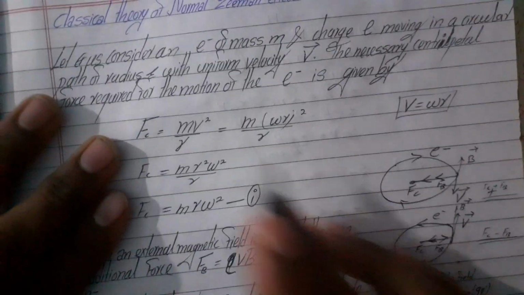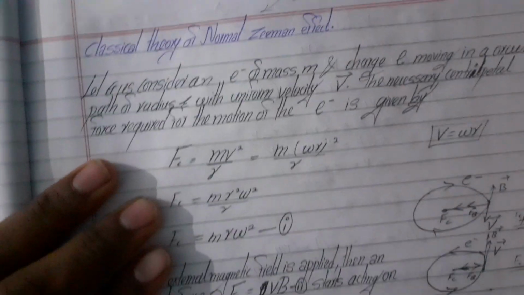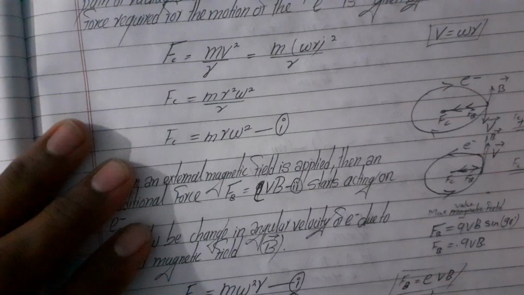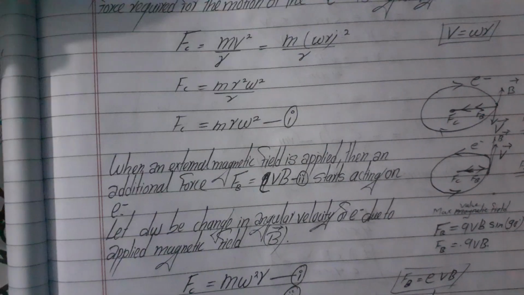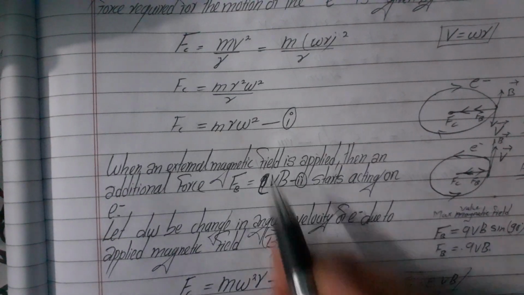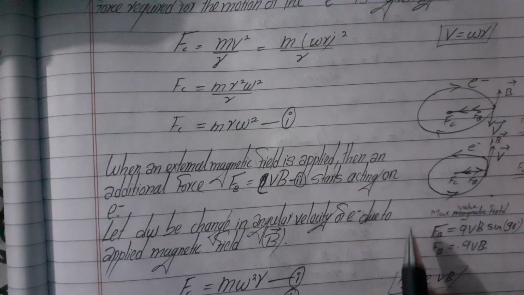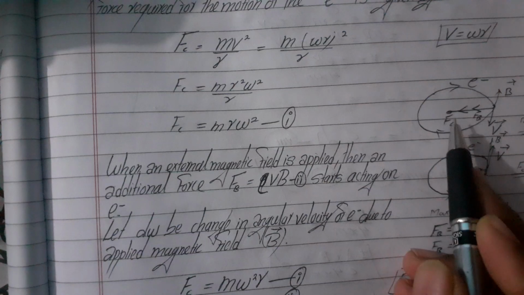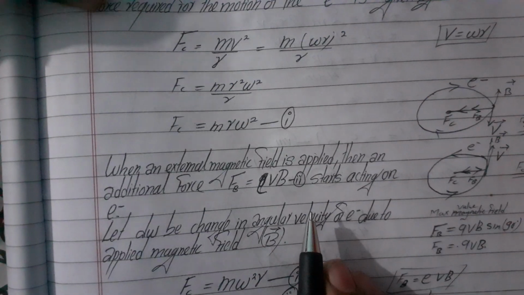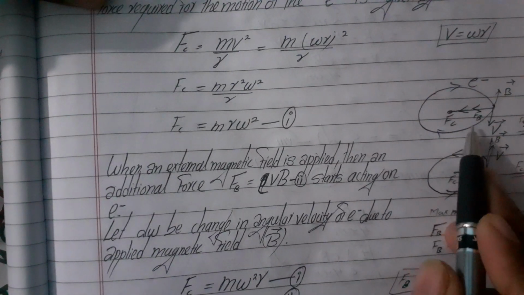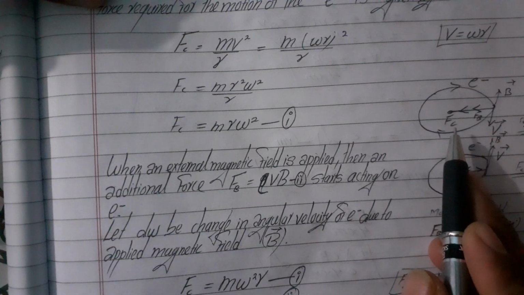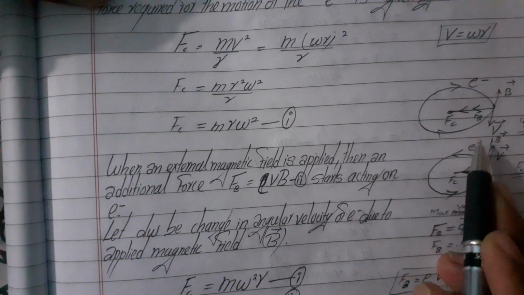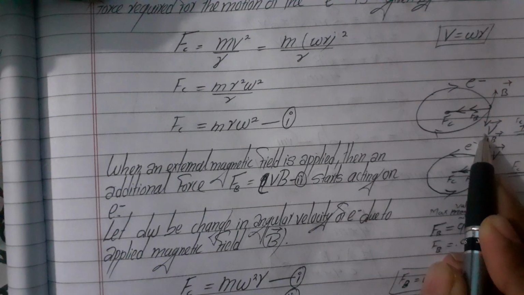First of all, let us consider an electron of mass m and charge e moving in a circular path of radius r with a uniform velocity v.